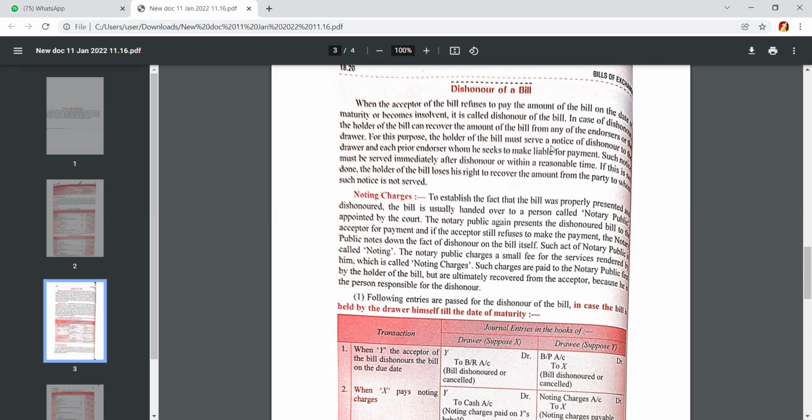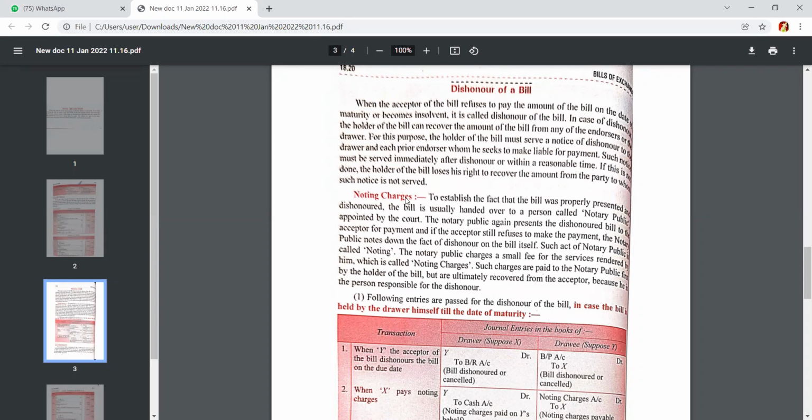Whenever dishonor is made, what is to be done? The holder of the bill must serve a notice of dishonor immediately after the dishonor, within a reasonable time. If this is not done, the holder loses his right to recover the amount from the party to whom such notice is not served.